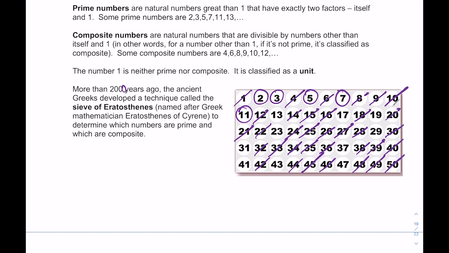And every number that is not crossed out that is circled is a prime number. So these should all be the prime numbers that are left over, as you can see. It might help if I colored them.